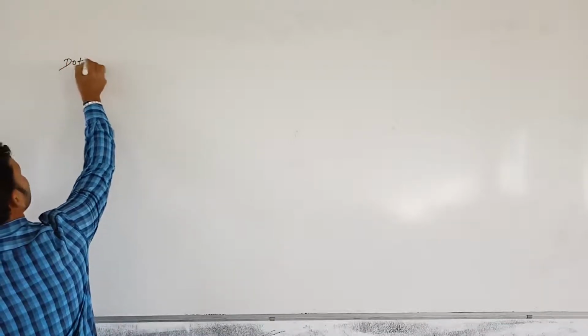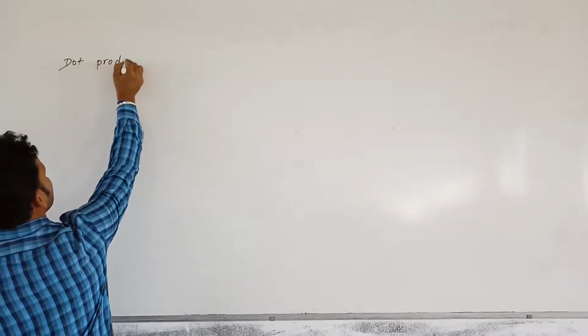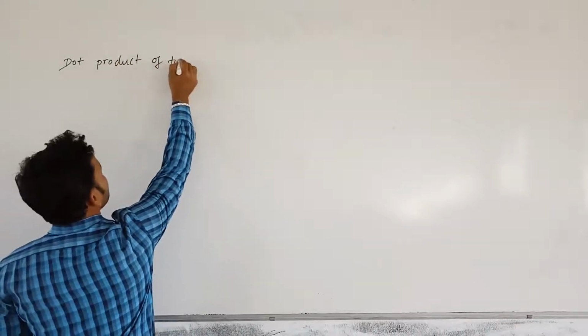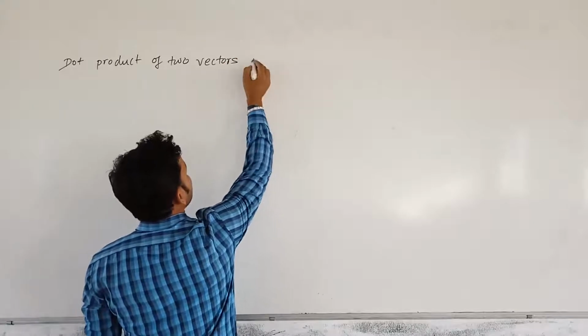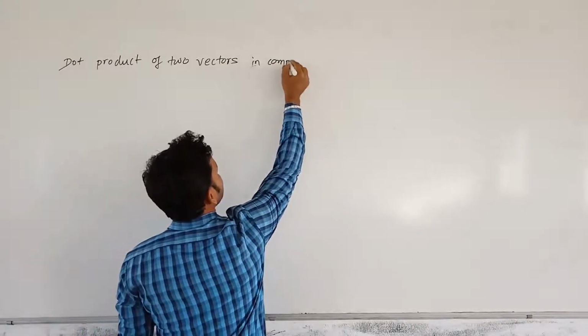Dot product of two vectors in component form.